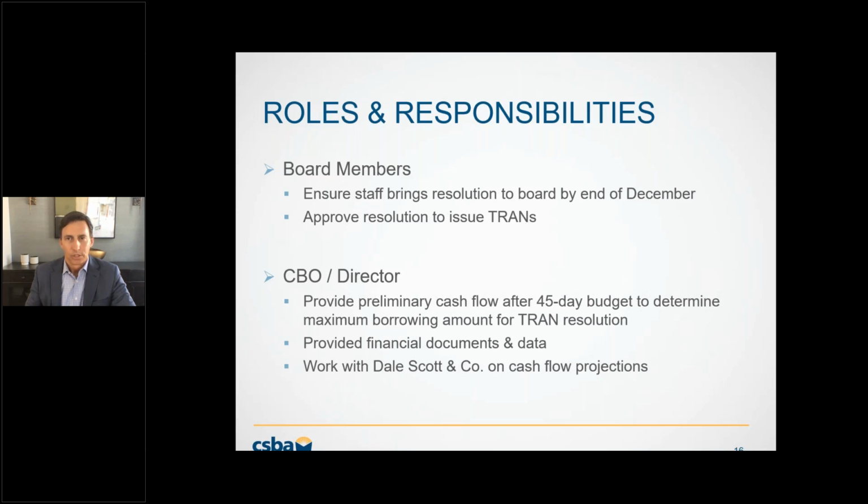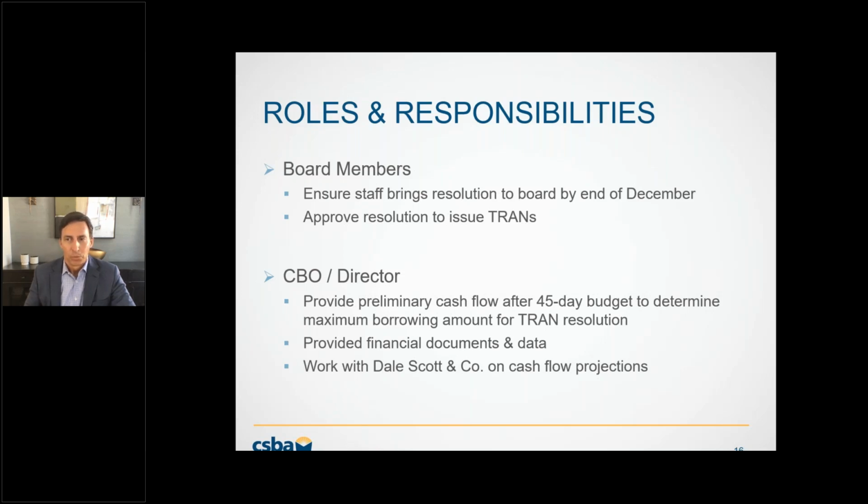We can always issue less than that, but if we realize in January that we need more than what the board approved, we have to go back to the board and try to get them to quickly authorize a larger amount. So we tend to stay a little bit conservative on the high side for that initial resolution that goes to the board.